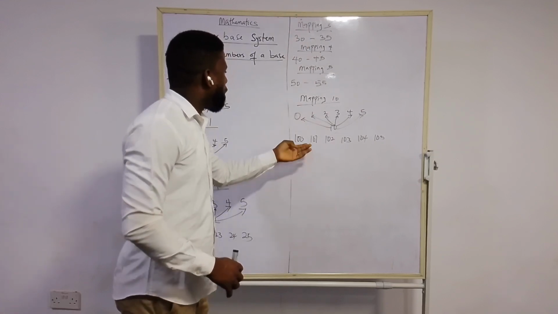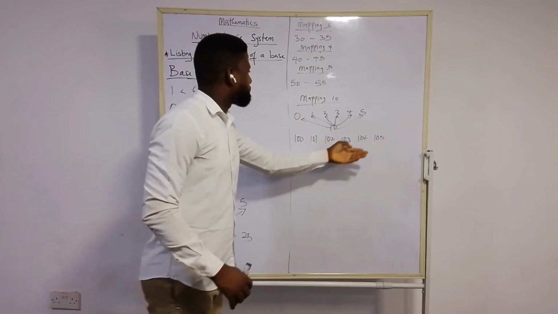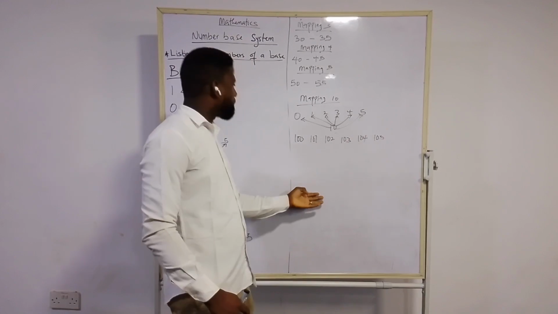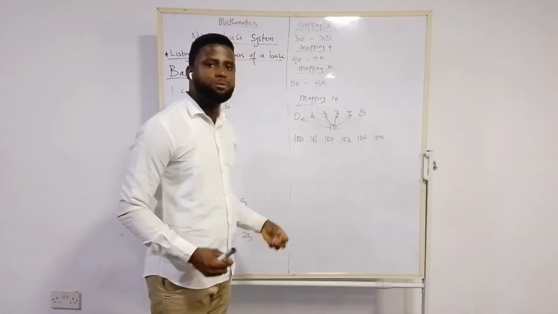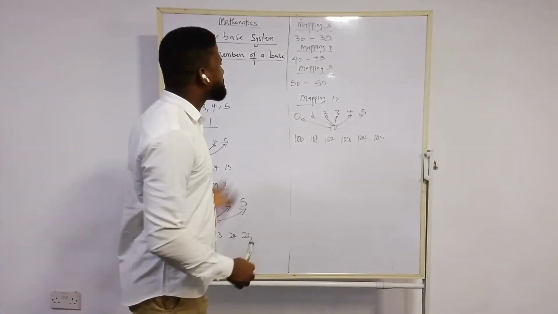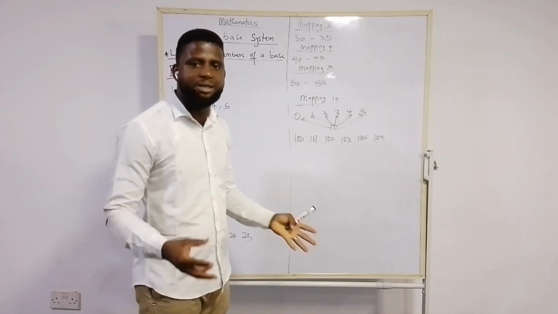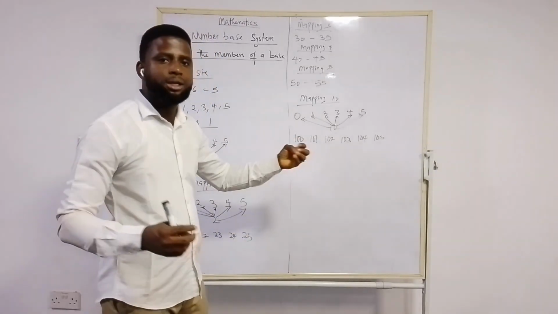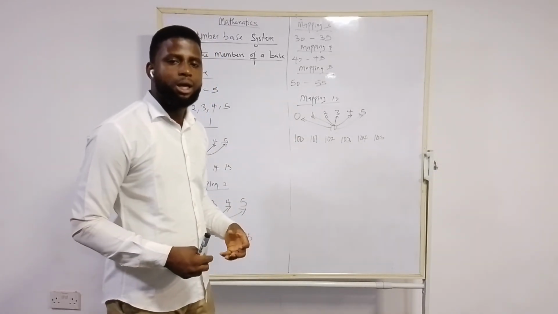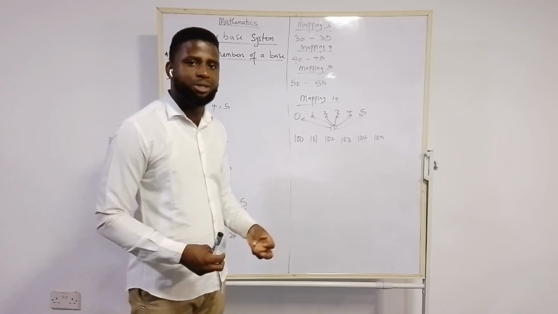Continue like that: 100, 101, 102, 103, 104, 105, 110, 111, 112, 113, 114, 115, and so on and so forth. Now, if you repeat this for every other base system, you will get the numbers that exist in that number base system.